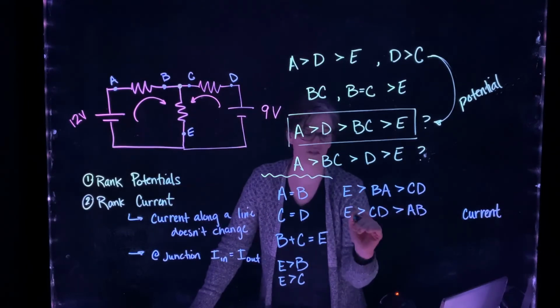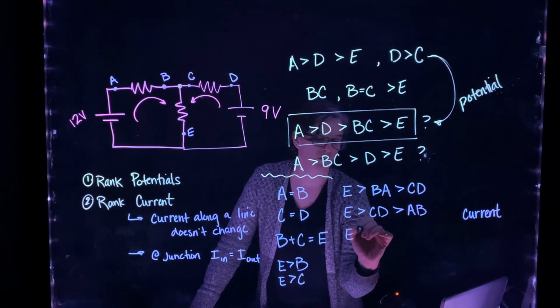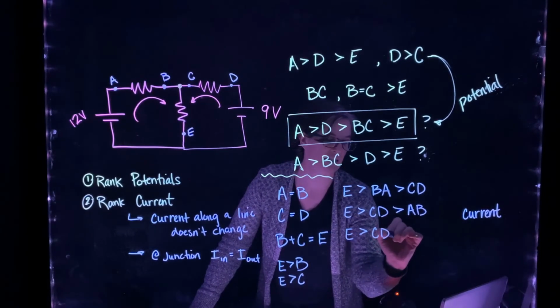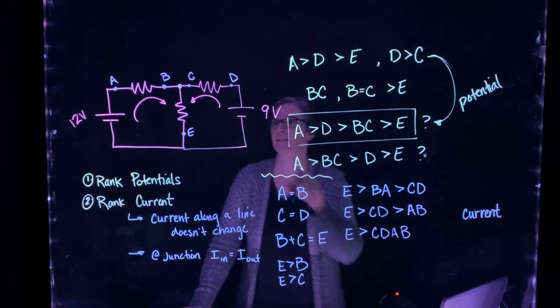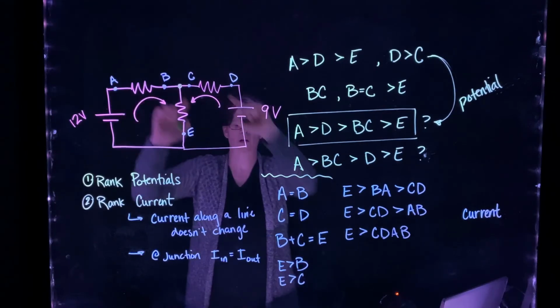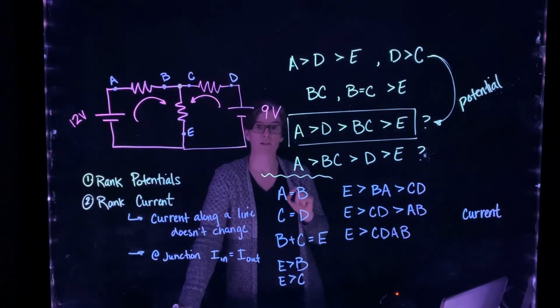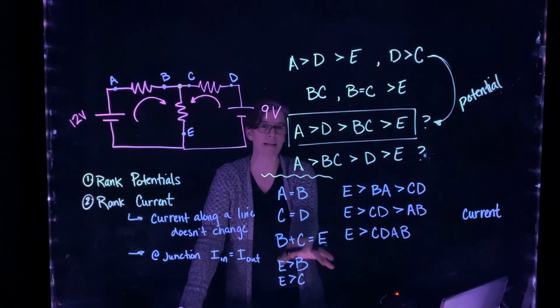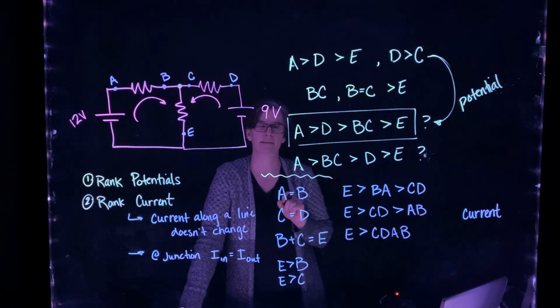Or those two currents could be the same. E could be greater than C, D, A, and B, which are all the same. Are the currents the same through both of these branches? That's possibility 2. So we have 3 possibilities just with our basic examination.